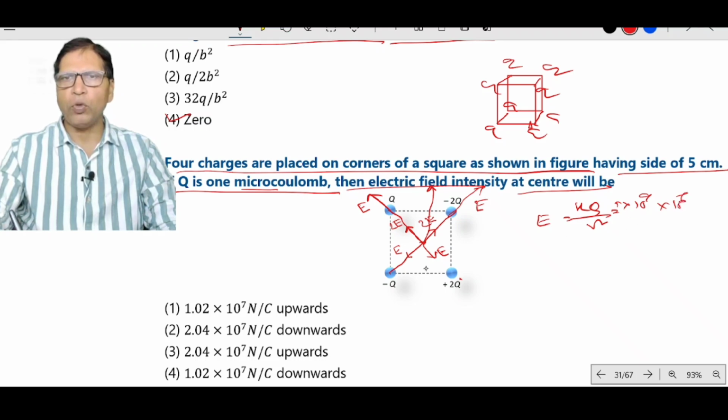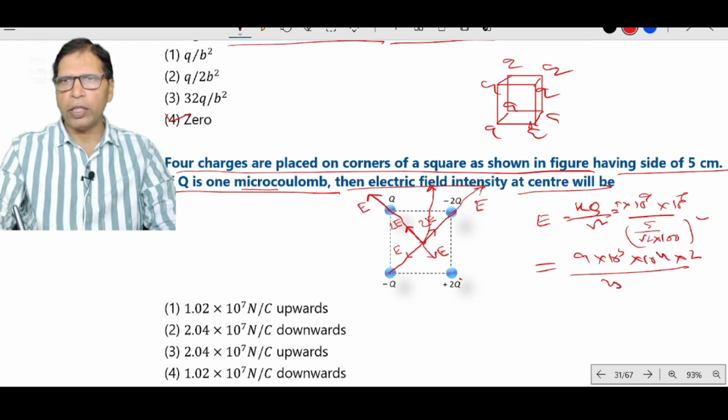And for the distance, look at this, side is 5 centimeter, so diagonal is 5 root 2 centimeter. So half of the diagonal is 5 by root 2 into 100 whole square. Okay. So look at this, 9 into 10 to the power 3 into 10 to the power 4 into 2 whole divided by 25.